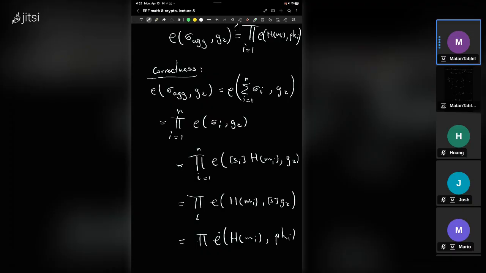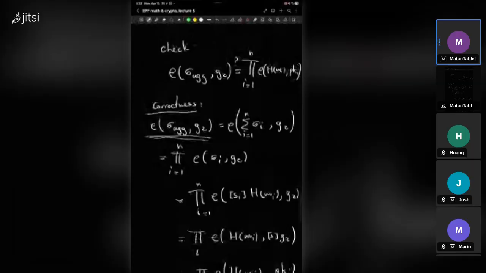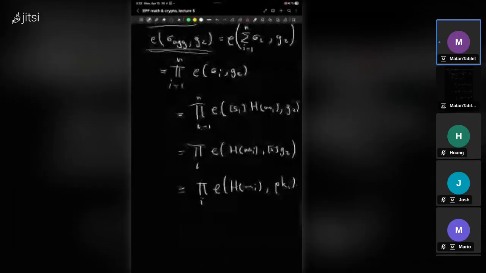So if, assuming all the signers were honest, I get correctness of this aggregated signature, and I did only one calculation. I basically just needed to verify one equation. I paired this sigma aggregated with G2, and I needed to check that it gives me another pairing.